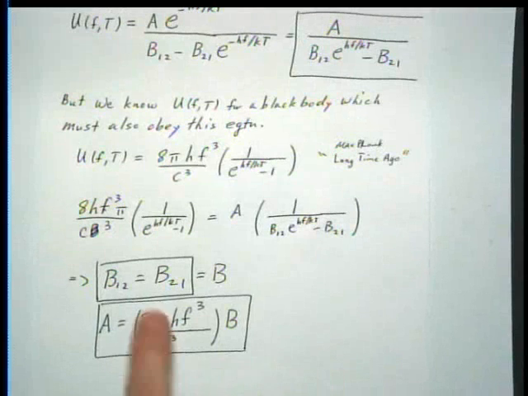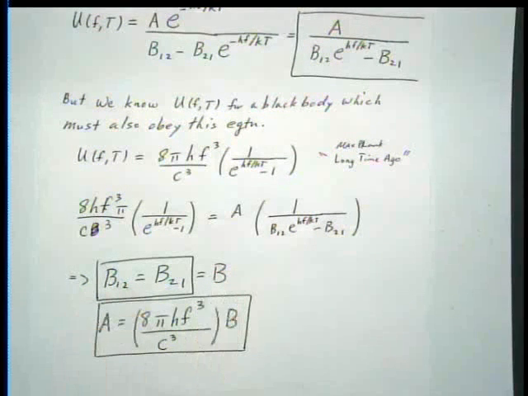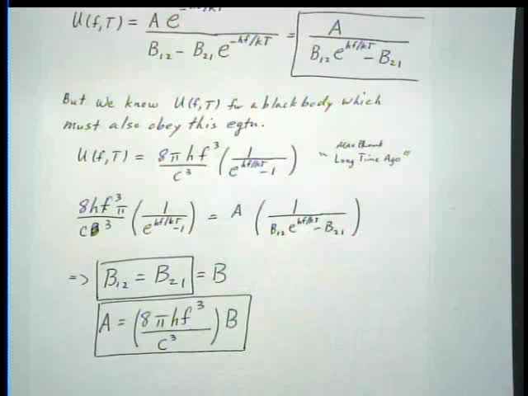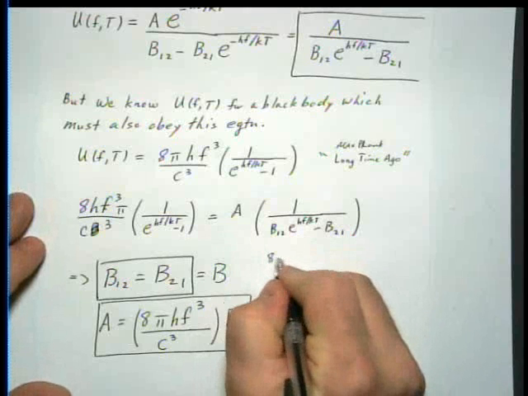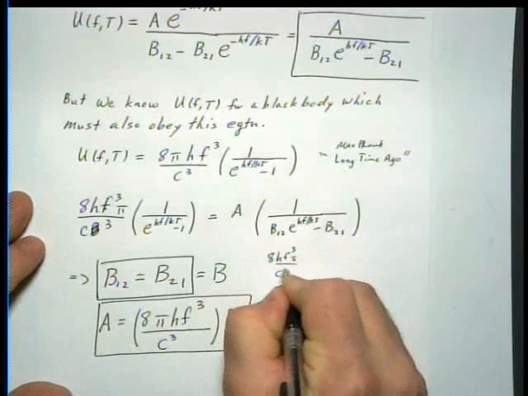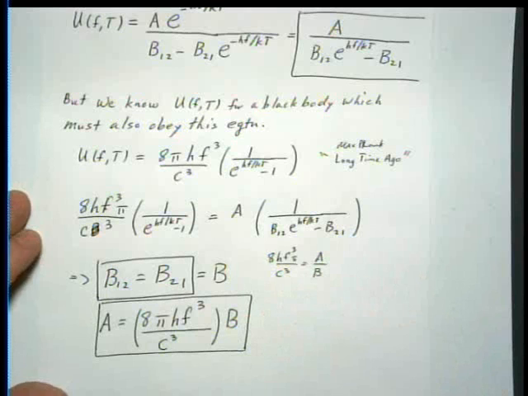So this B and that B have to be equal, and they're usually just given a single B, and they throw away the 1, 2, 2, 1 since it's unnecessary. Now, if you do that, then you can rewrite this as that.